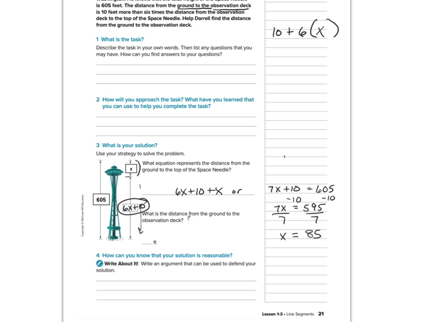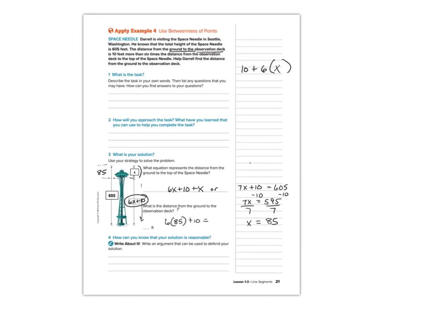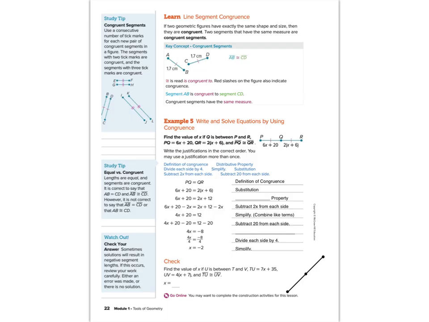So the portion from the observation deck to the top is 85. So the distance from the ground to the observation deck would be 6 times 85 plus 10, which is equal to my missing value. There you go. So with that, that should cover much of what we've talked about today.